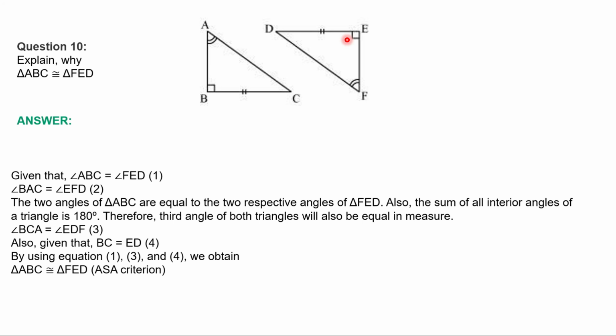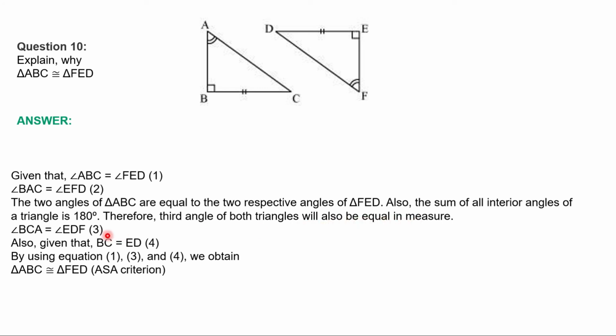Let's see this question. It is given that angle ABC equals angle FED. This angle, which is 90 degrees, equals this angle. Angle BAC equals angle EFD. This angle is equal to this angle. These two angles are equal to the respective angles of triangle FED. Also, we know that the sum of all interior angles of a triangle is 180 degrees, so definitely the third angle will also be of equal measure.